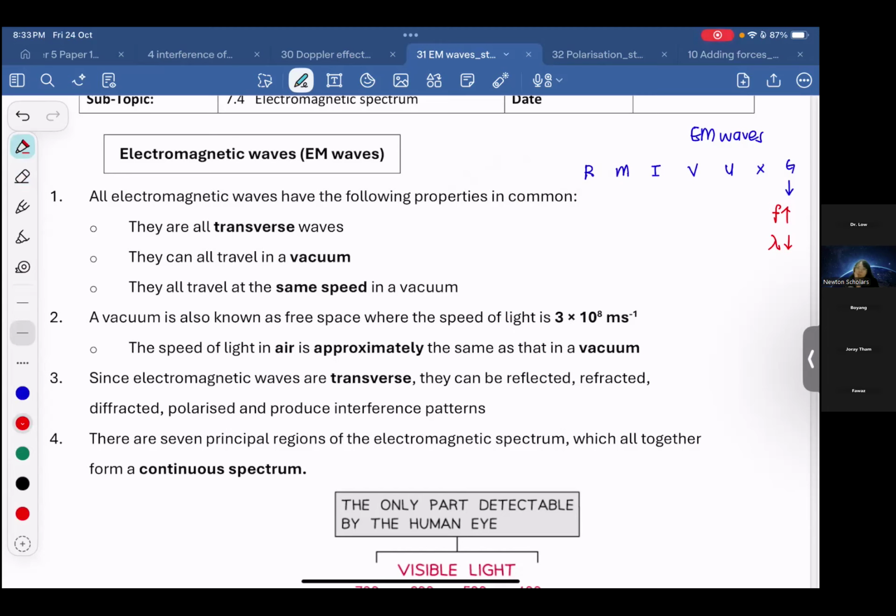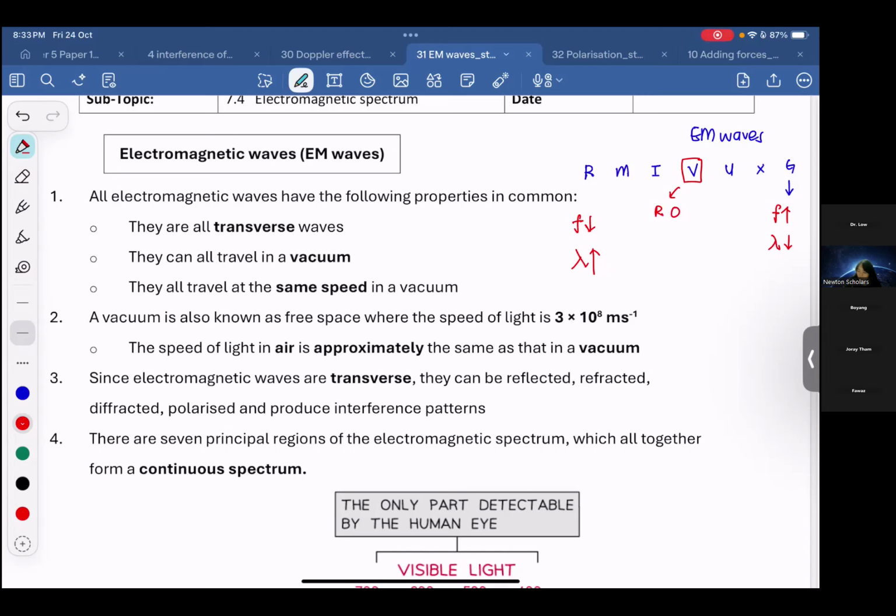When they quarrel, the girlfriend's frequency becomes high. So here, the girlfriend is gamma, frequency high, and of course radio frequency will be low. They are opposite. So when the girlfriend has a short wavelength, then radio will have a longer wavelength. Then inside the visible light here, we have 7 colors.